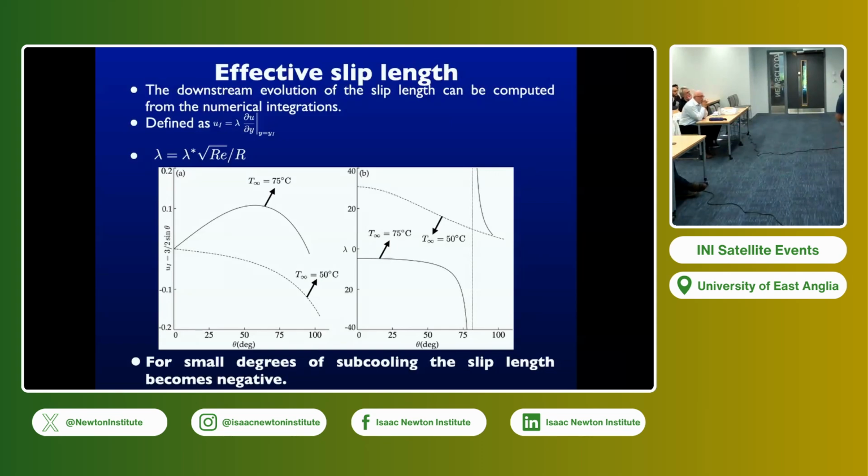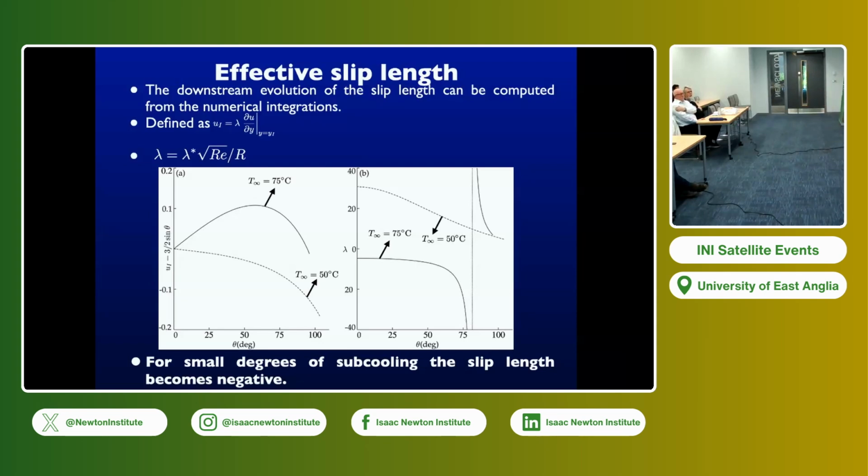The slip length can be computed now from the numerical integrations. We have the velocity at the interface, and we can also compute du over dy at the interface. With that, we can estimate the slip length along the sphere.